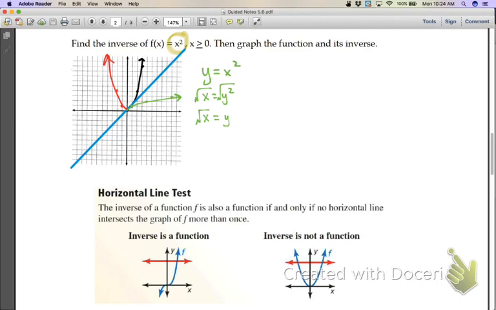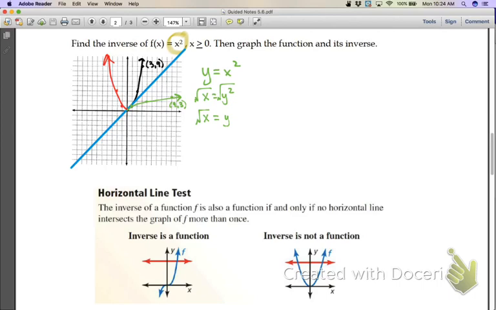All the inverse is going to do, if my point right here is at 9, 3, the point up on the black graph here is at 3, 9. What did we do whenever we found the inverse? What did we do with my x and my y values? My x value for the black graph is 3, my y value is 9. What's the difference between the black graph and the green graph?